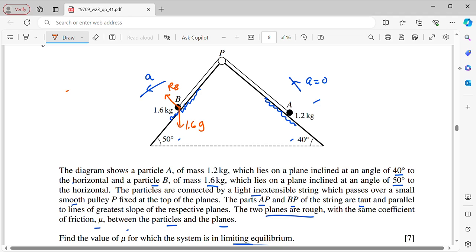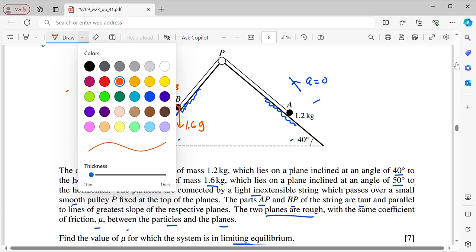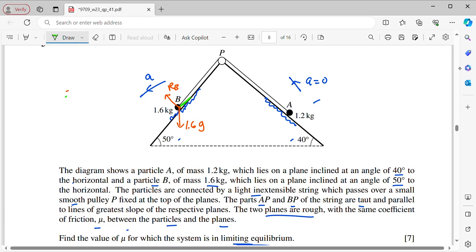When it is moving, it is expected to move down, so definitely your frictional force will be moving up. This is your frictional force of the B.